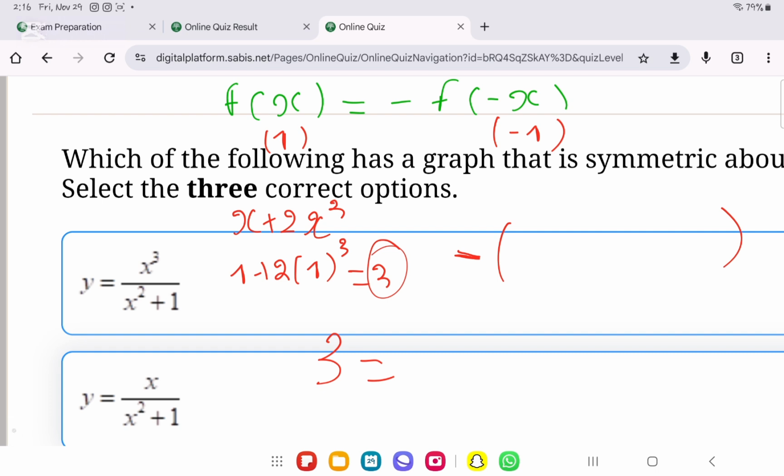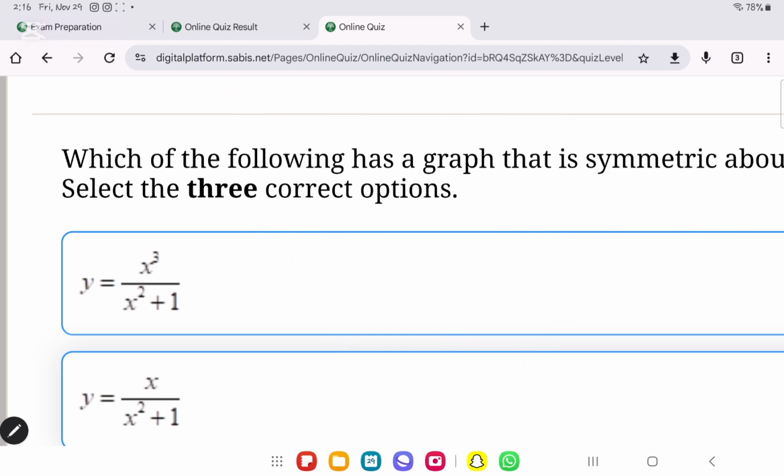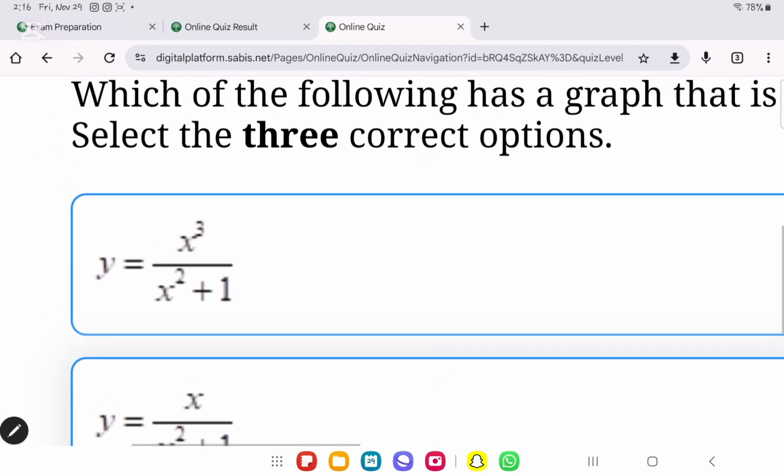So now it's going to be minus, open brackets, minus 1 plus 2 times minus 1 to the power of 3. Don't forget to close your bracket. You are going to get 3. So definitely 3 is equal to 3, so this is an odd function. So we are going to play it like this, or we can do it in another way.